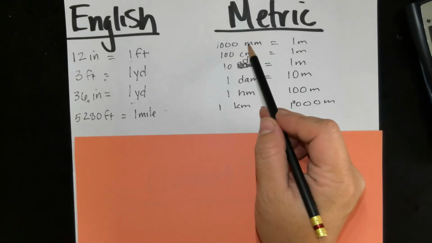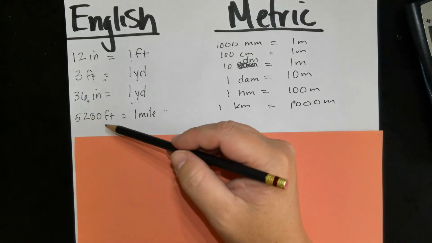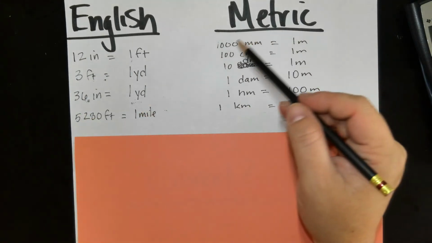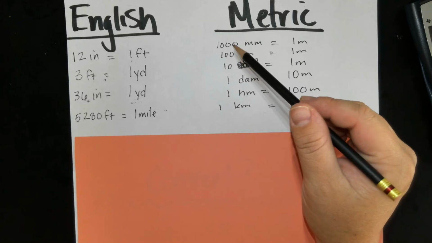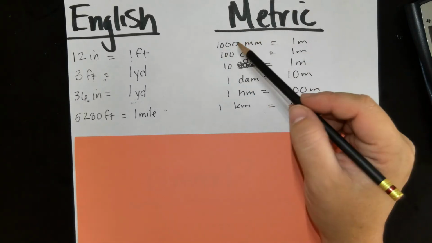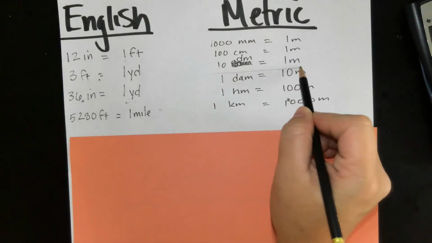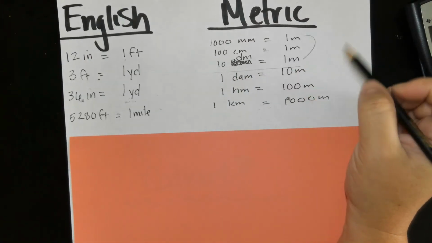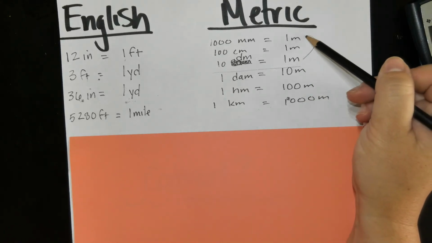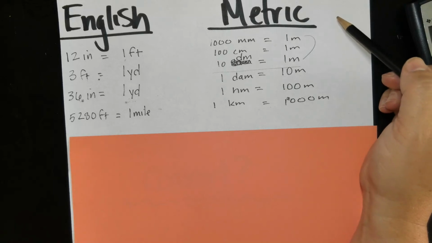In the metric system, we don't see all kinds of crazy numbers like 5,280 feet. We see some pretty simple ones that are all ones and zeros when we're making comparisons just within the metric system, okay? I started out here just basing everything off of a meter. For 1 meter, I have 1,000 millimeters.